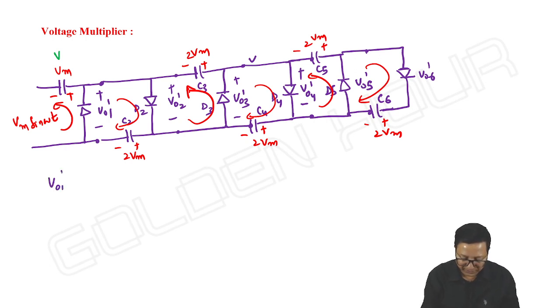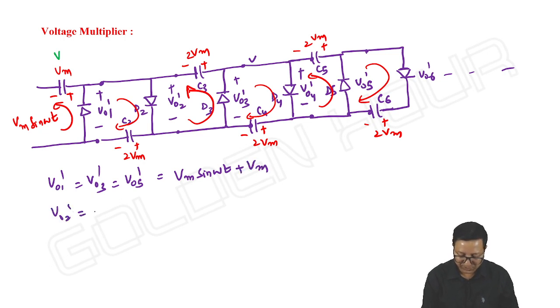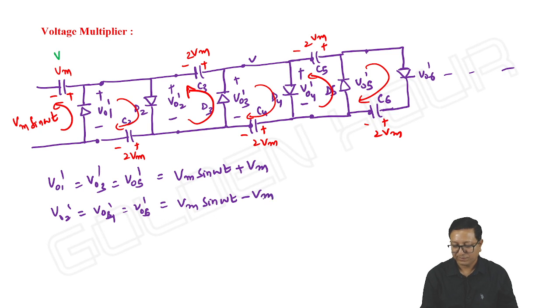So VO1 dash is equal to VO3 dash is equal to VO5 dash. Like that you can connect. It is equal to Vm sin omega t plus V1, since the diodes are directed upwards, they are positive clampers. VO2 dash is equal to VO4 dash is equal to VO6 dash. These are all negative clampers. That's it.